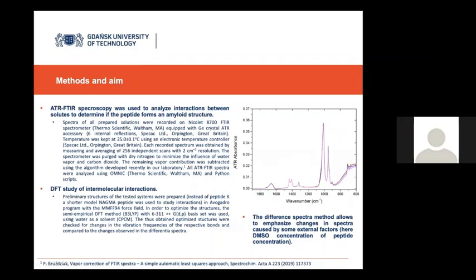As the method, we used first of all ATR FTIR spectroscopy to analyze interactions between solids in their different proportions. The concentration of the DMSO or TMAO, depending on what system we study, was kept constant in each solution to diminish the influence of their dilutions, while the peptide concentration varied.